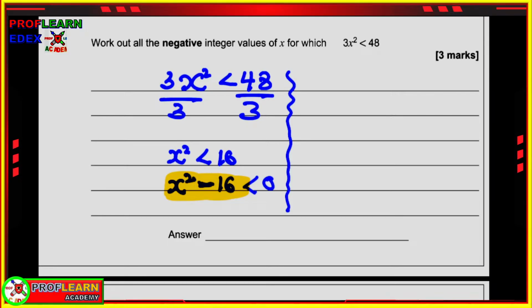All right, with that we can now proceed and continue working on that question. This is going to translate to what?